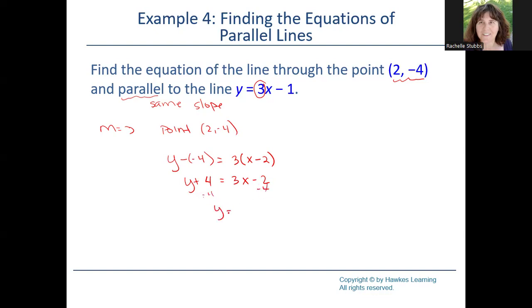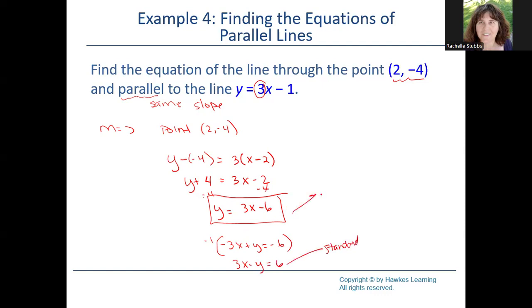And y equals 3x minus 6. And then if we wanted to put it in standard form, subtract the 3x from each side. And then what we can do is just multiply the whole thing by a negative 1. And that gives us 3x minus y equals 6. So that's standard.